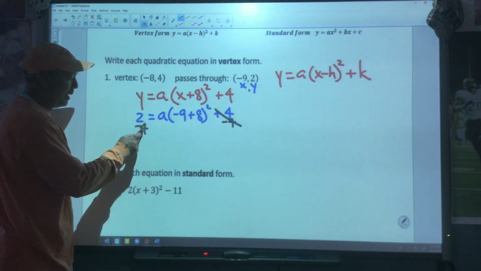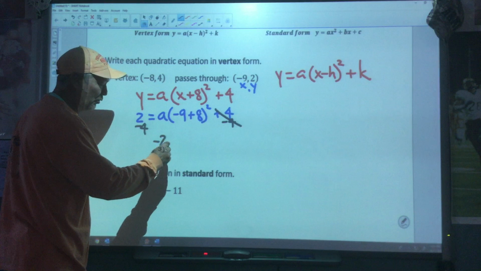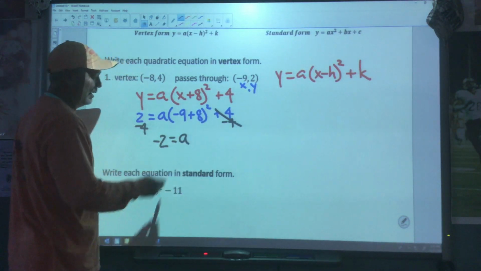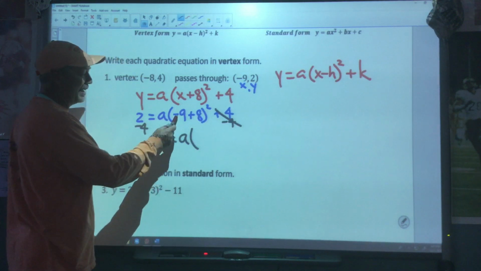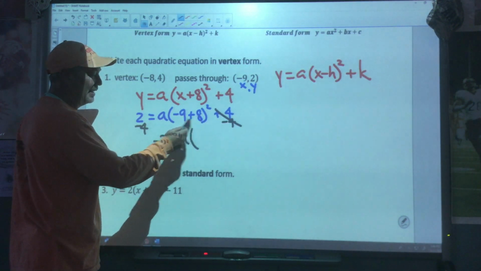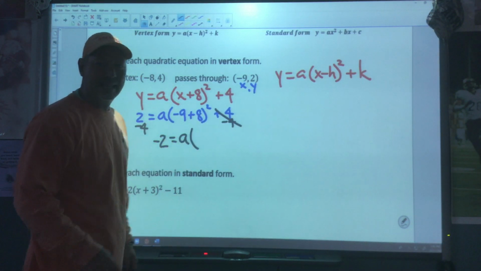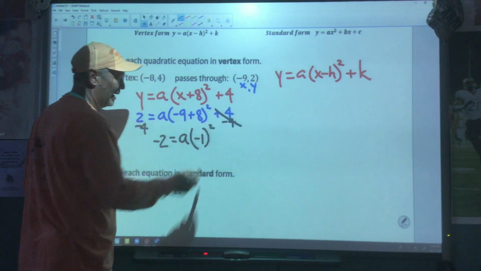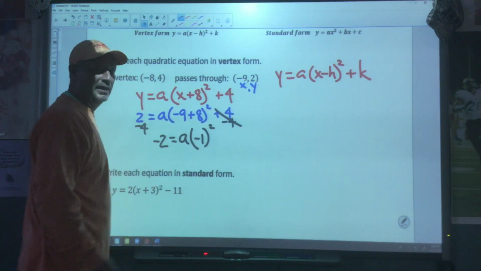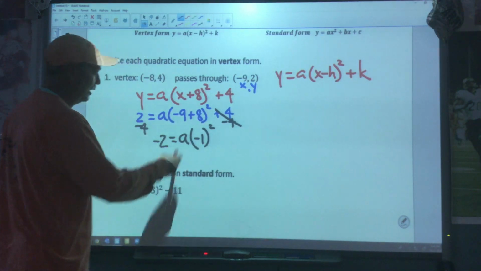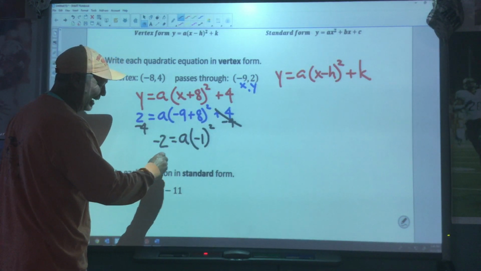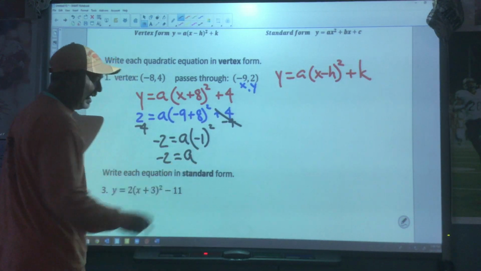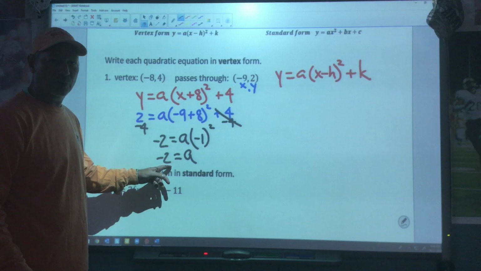We're going to say 2 minus 4 is a negative 2 equals a, parentheses, negative 9 plus 8. Negative 9 plus 8 is a negative 1. Negative 1 squared is a positive 1. So we're going to end up with negative 2 equals a positive 1a, or just a. This is our a value.